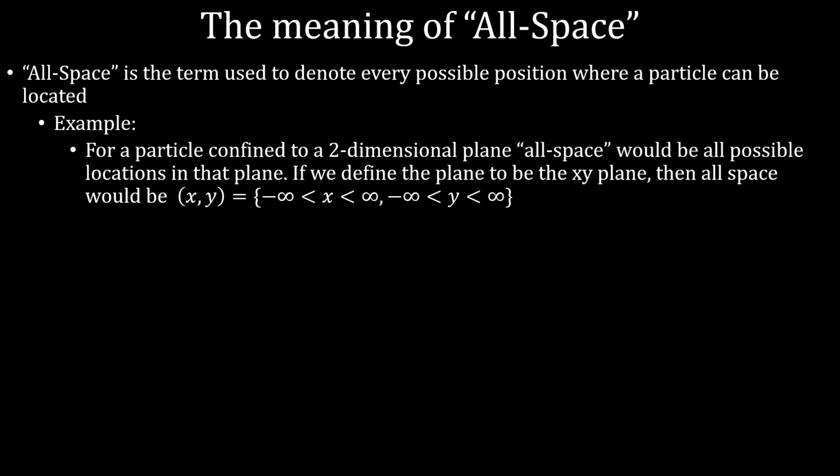Again, this notation looks a little fancy, but really what it's saying is, if we look at our standard coordinate plane, so we have x and y, all space would just be anywhere in the plane. Hence why we could go from y negative infinity to infinity and x negative infinity to infinity.